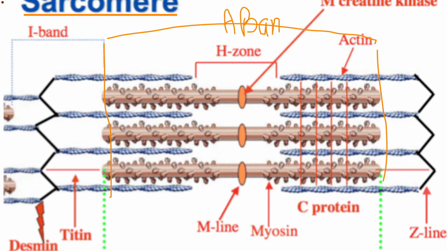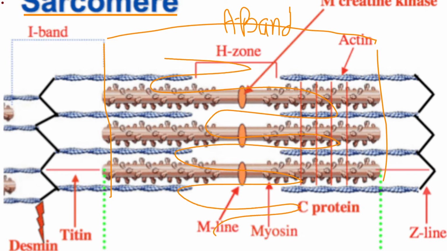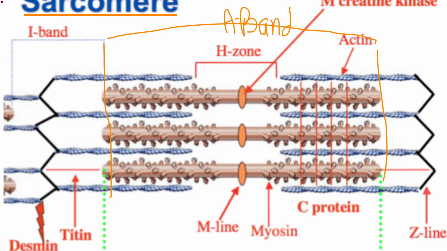This is the A band. The A band is all of this area in here where I have both actin and myosin. In the center of the A band where I don't have any actin, this is the H zone.